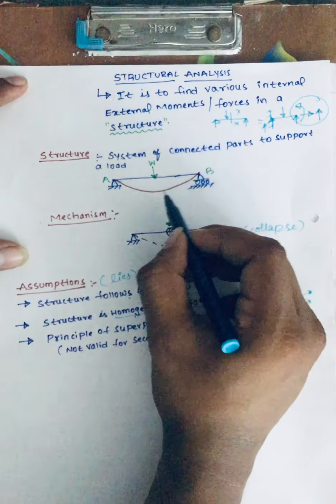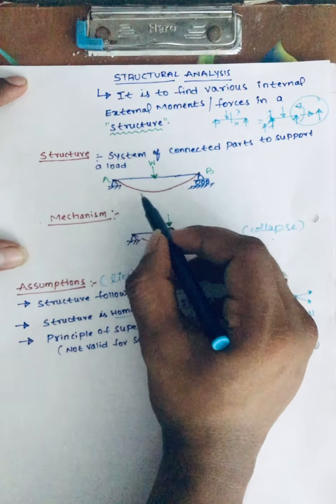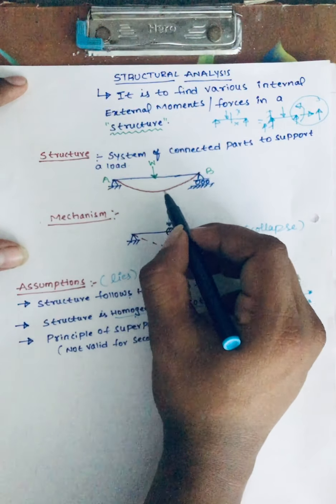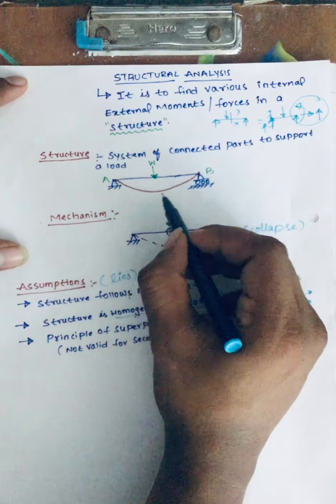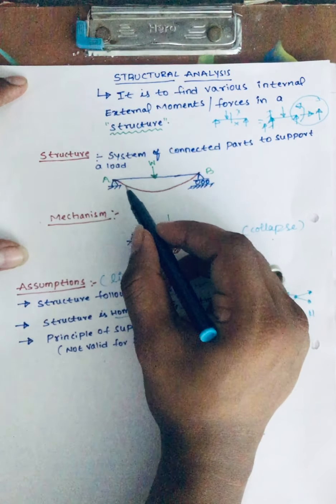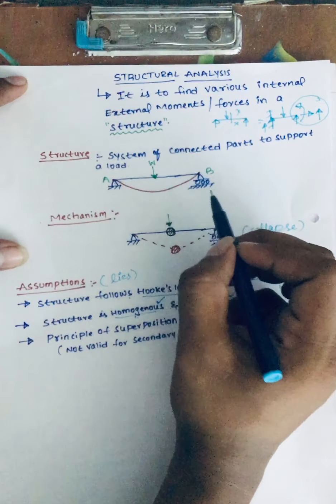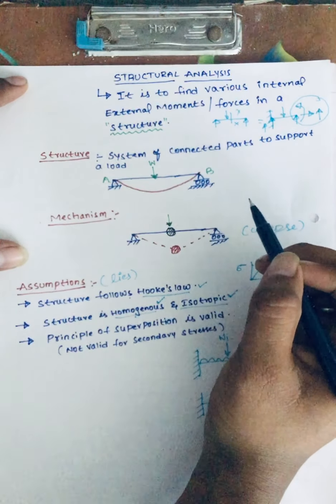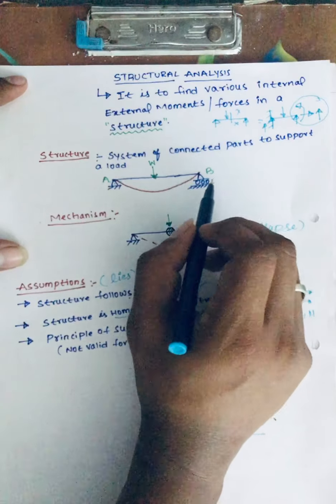Because of those properties, the beam deforms like this. It is not going to completely fail or collapse, because when it deforms, the body offers some resistance against the deformation. Then we can call it a structure.